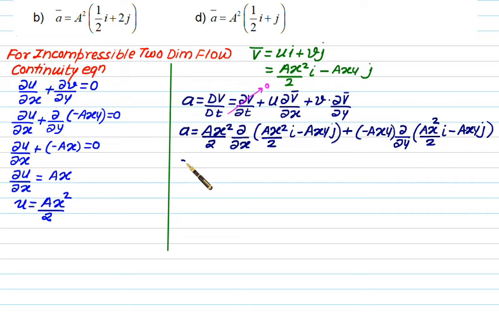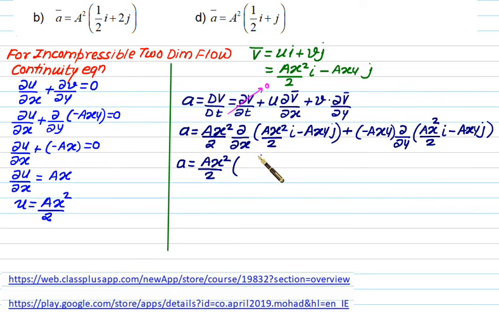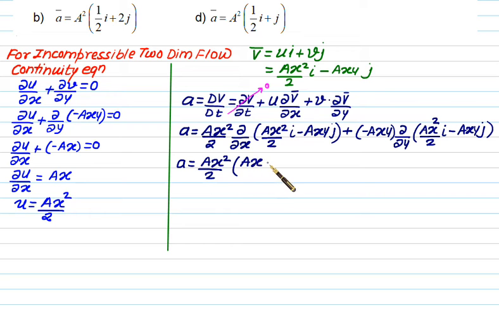We will get a equal to ax square by 2. Derivative of ax square by 2 with respect to x is 2 times ax by 2, so 2 will get cancelled and we are left with ax times i. Minus derivative of axy with respect to x will be equal to ay times j. And we have the negative term of axy. This time we have to take the partial derivative with respect to y. So the first term will be equal to 0 i, the second term will be equal to minus ax j.